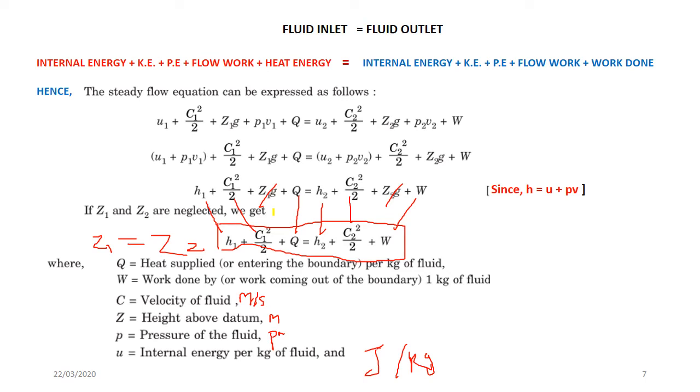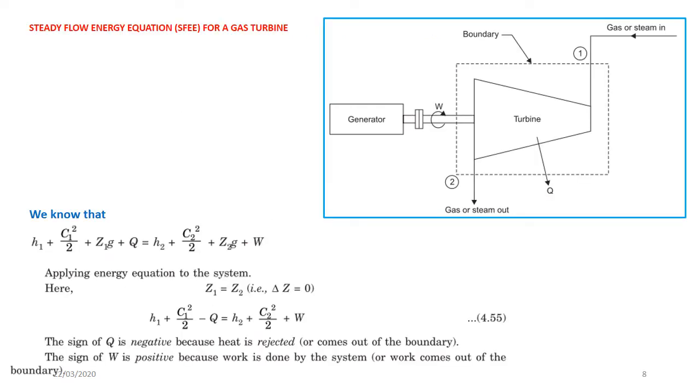In the next slide, we will see how to apply the steady flow energy equation for a gas. So in this slide, steady flow energy equation for a gas turbine. I drew the diagram over here for a gas turbine power plant, and we will derive the steady flow energy equation for it.